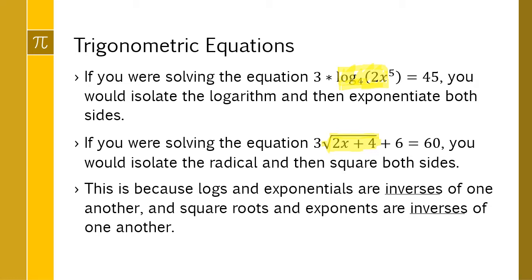And this works because logs and exponentials are inverses of one another, and square roots and exponents, like squaring both sides, are also inverses of one another. So if you have a logarithmic problem, the inverse is an exponential. If you have a square root, the inverse would be squared on both sides.